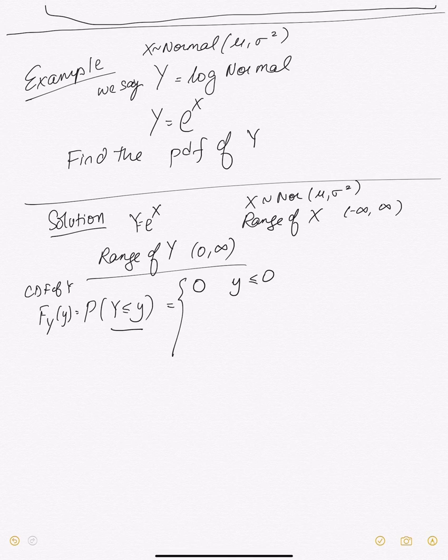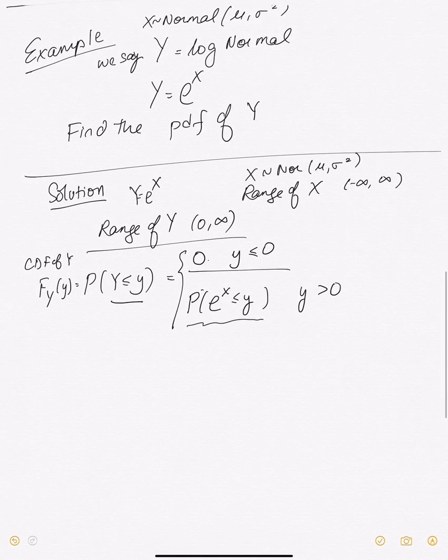And what do you have over here? This is the probability that e to the x is less than or equal to y, with y bigger than 0. I mean, you could write that over there and that probability is 0. You could write the same thing over here and the probability is 0 for y less than or equal to 0. So I'm just very specifically ruling out what happens when y is less than or equal to 0, and we'll treat this more detailed case separately.